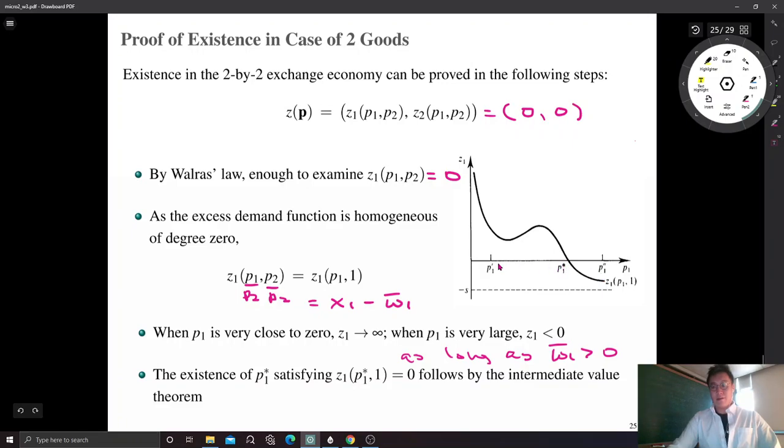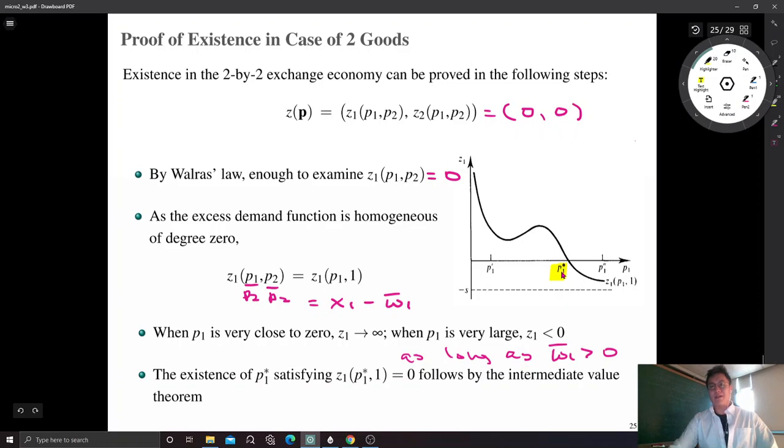So there must be at least one price, p1 star, as is displayed in this figure. At this price, z1 is equal to 0. Because it is a continuous function, the graph must be continuous. We have a positive value at low price, negative value at high price.